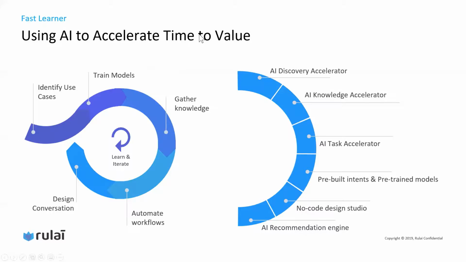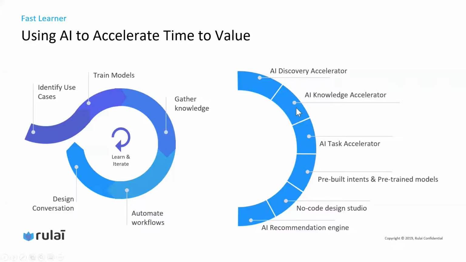Consider a virtual assistant project. One normally needs to identify use cases, train the model, gather knowledge, automate work processes, and design conversation, then learn and iterate. In Rulai, we have the AI Discover Accelerator to analyze content-center human-human conversation transcripts to automatically identify use cases, then automatically identify conversation flow, and automatically identify user intents and training data to train the model.